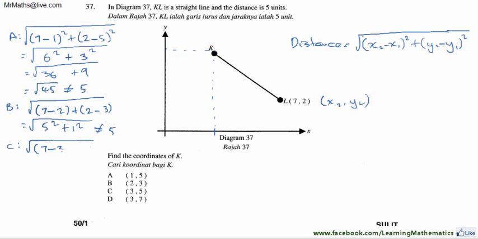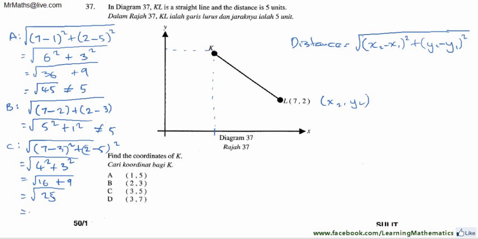7 minus 3 squared. This looks probable. 2 minus 5 squared. Okay, then this is 7 minus 3, 4 squared. Okay, this is, I think, definitely the answer. And 3 squared. So this is 16. 16 plus 9, which is 25, and this is 5.